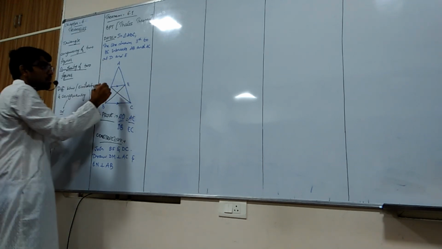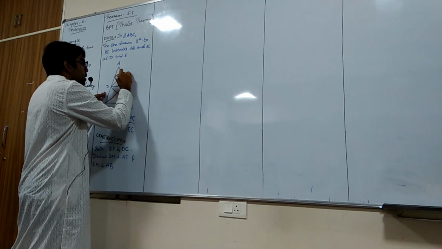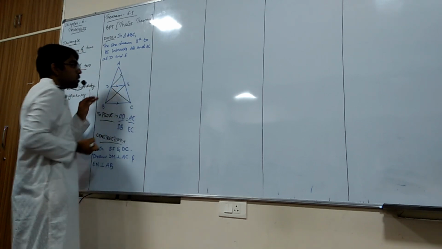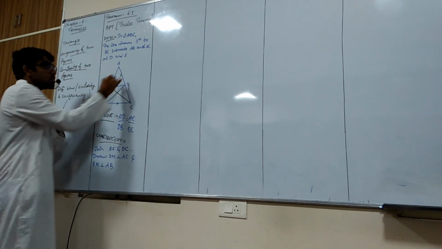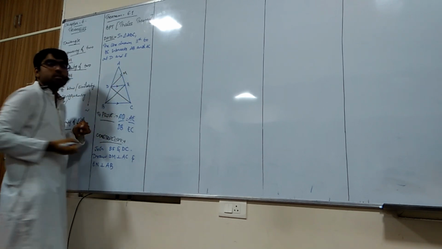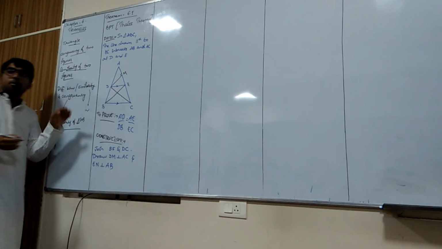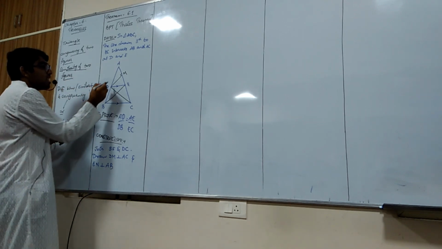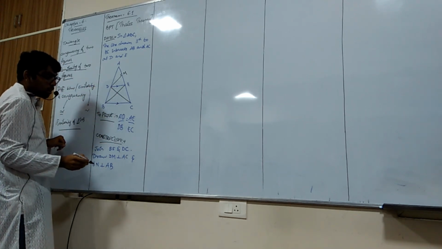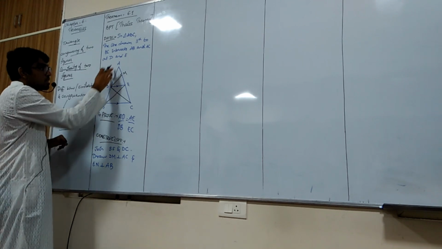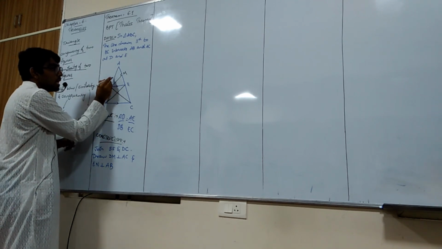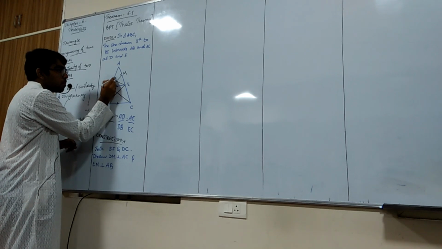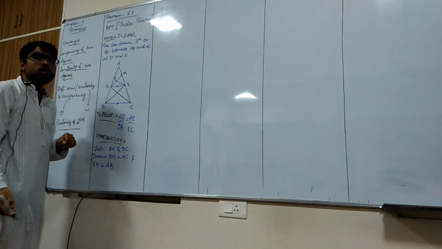This is AC, I am drawing this perpendicular, so this is DM. Then EN perpendicular to AB. This is AB, EN is drawn perpendicular. Clear?